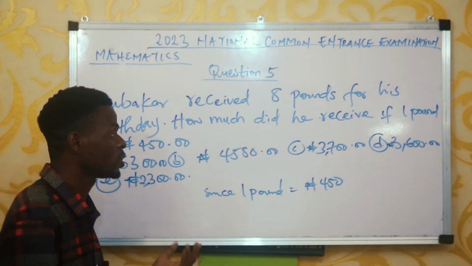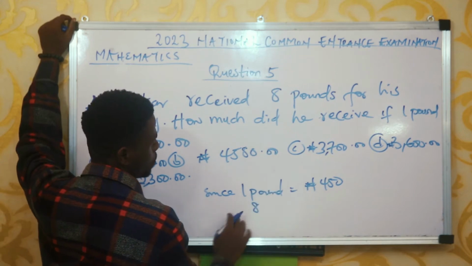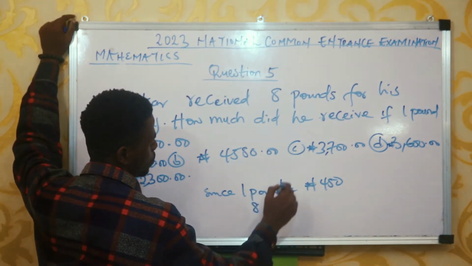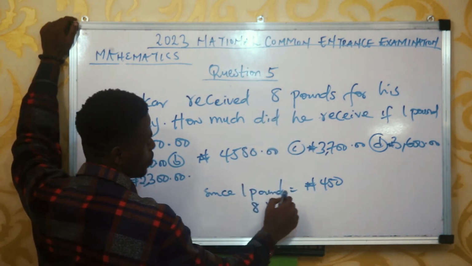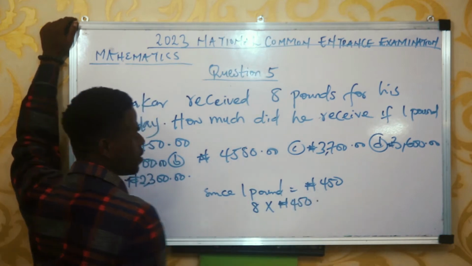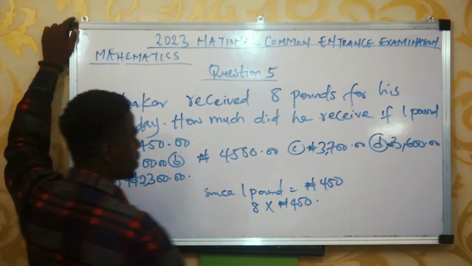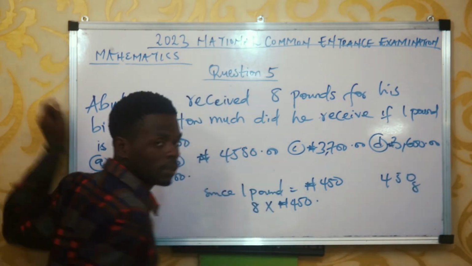That is what the question is talking about. So definitely it will be 8 times 450 naira. So let's multiply 450 naira times 8.